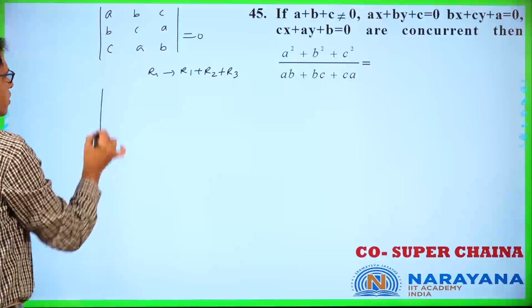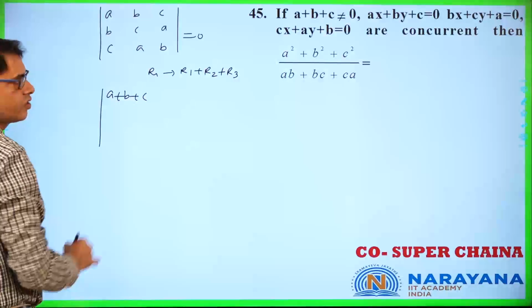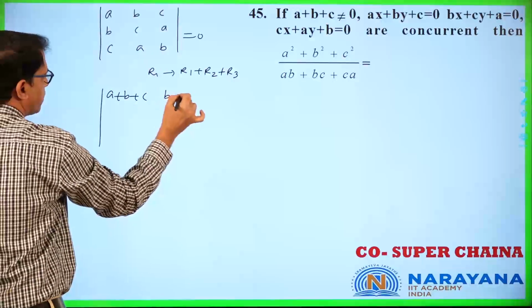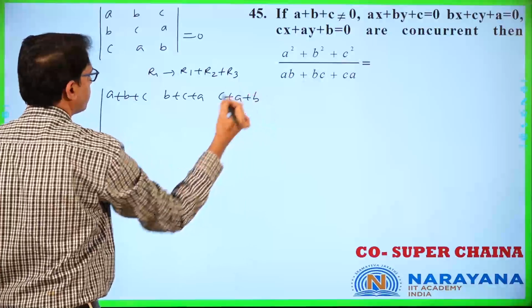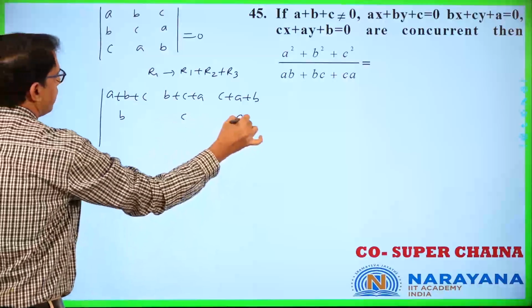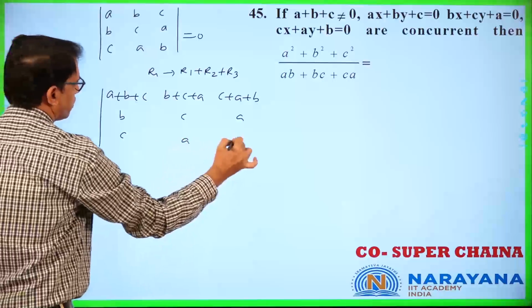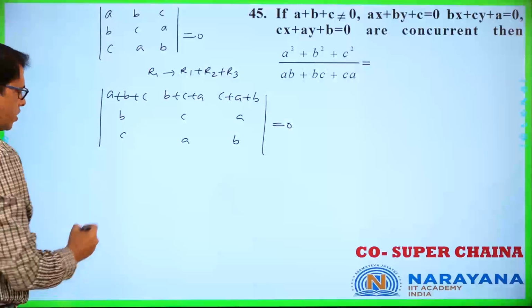So that we have a plus b plus c, here b plus c plus a, then here c plus a plus b. So remaining rows are the same. We can take a plus b plus c out common.